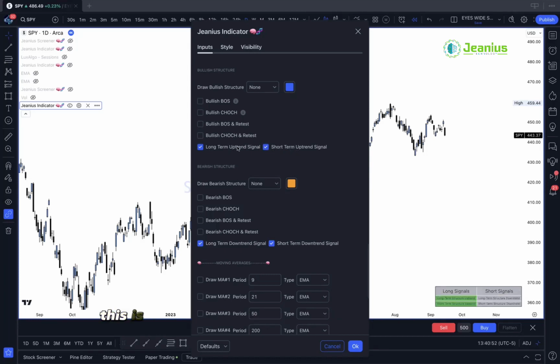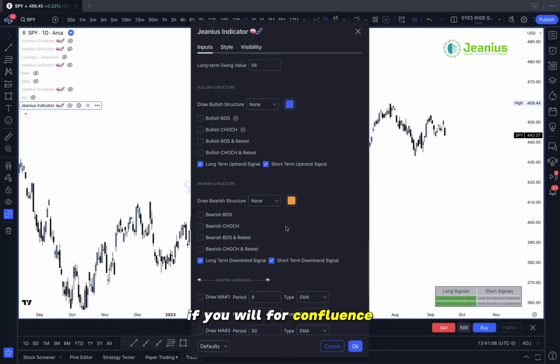Mind you, this is going to take away some good trades for you, but this will give you some really solidified trend trades or signals, if you will, for confluence, because it's going to give you the overall direction. You're going to be trading with the overall direction on a small and a long-term level. So I think this is really good.